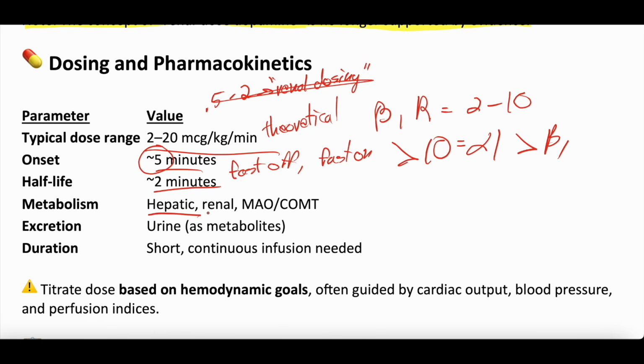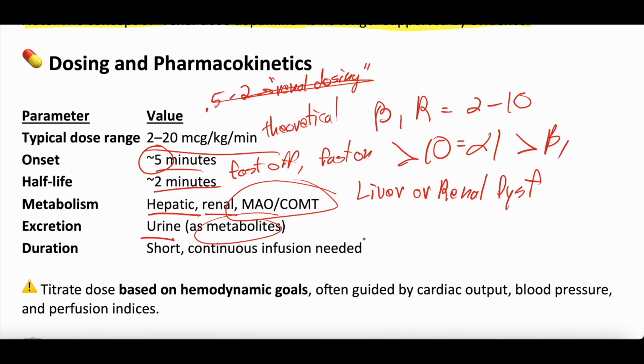It is metabolized hepatically as well as renally, so in the liver and kidneys through the MAO and COMT mechanism. So if you have significant liver or kidney dysfunction, this can lead to longer half-lives because you won't be able to metabolize it as fast. The metabolites are excreted in the urine, right? It was already metabolized to its inactive metabolites that are then peed out.